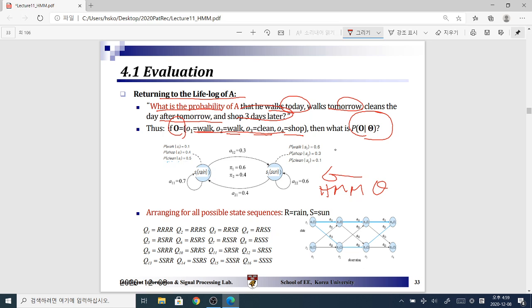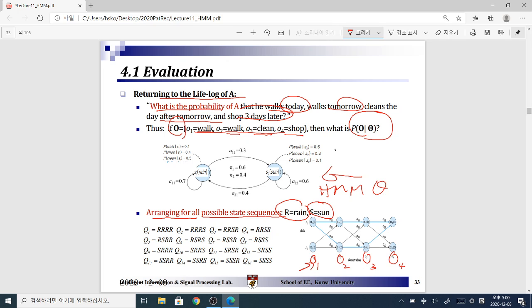The way we are going to do this is to arrange all possible sequences of, say, rain and sun. So this is the trellis diagram that reflects what could happen in terms of state as well as observation. This person has observation 1, observation 2, observation 3, and observation 4.